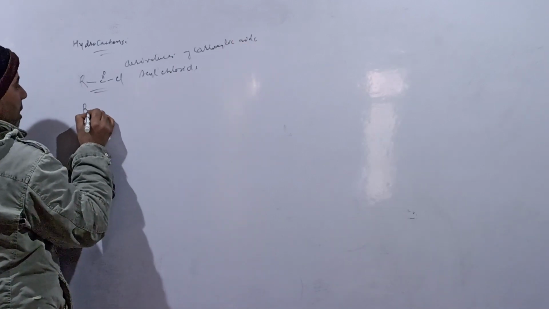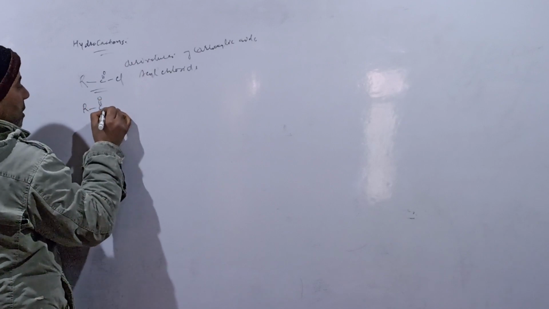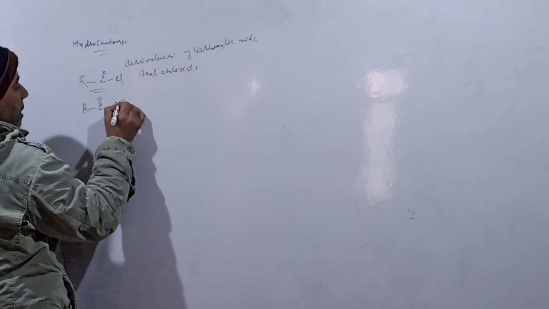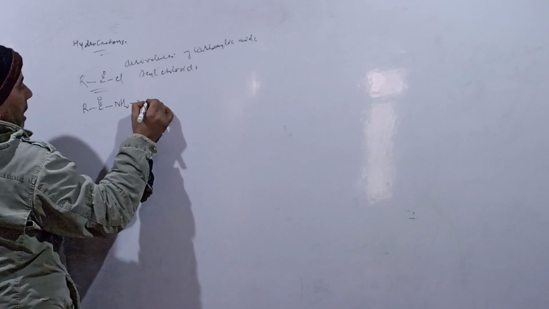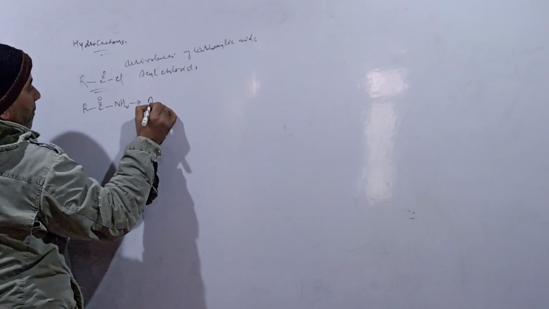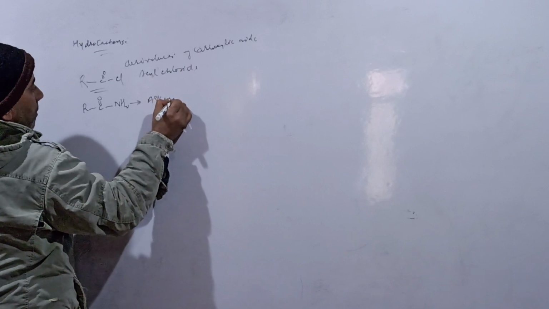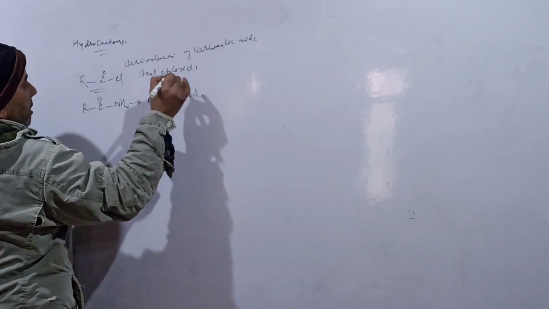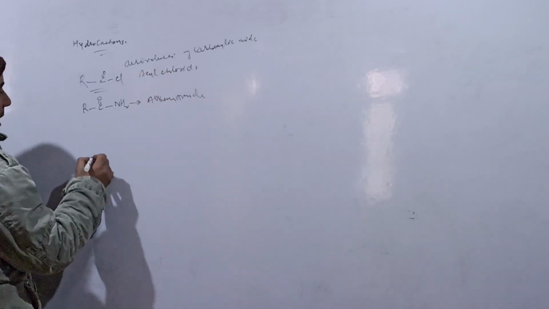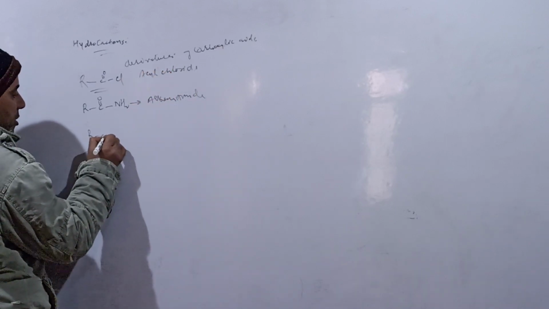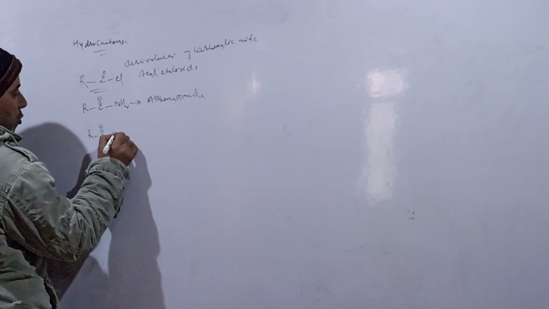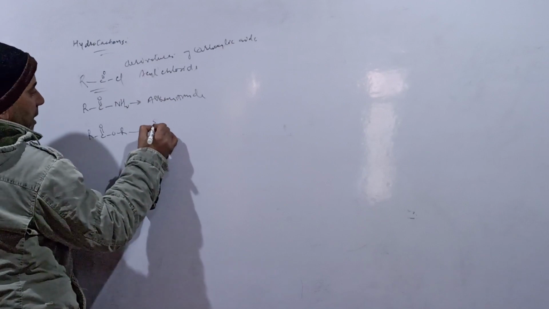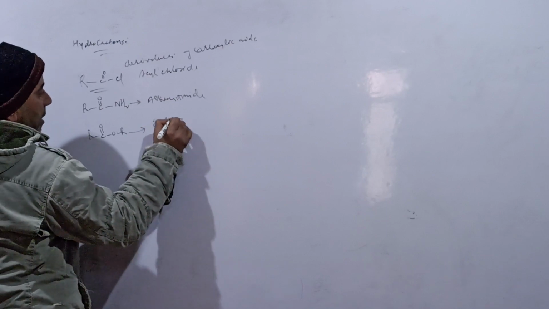In a similar manner, R single bond C double bond O single bond NH2 will be called alkanamide, amide. This is another derivative of carboxylic acid. And if we add R single bond C double bond O single bond O single bond R, this will be the representation for esters.